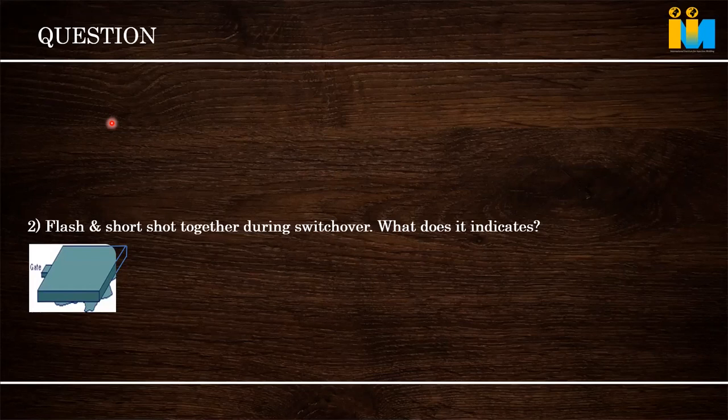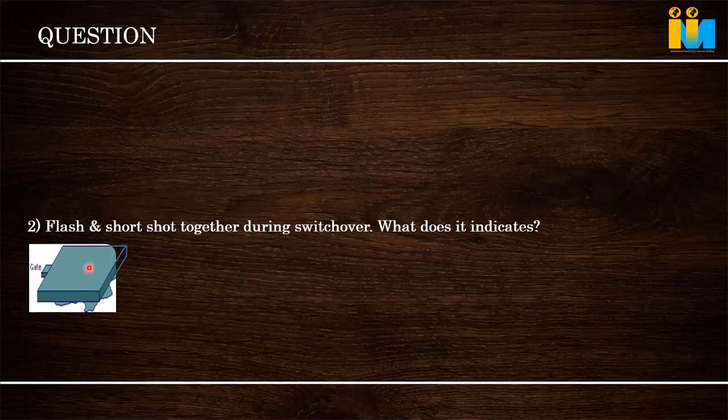How is that going to impact the short? I told you there is a short because the part is not filling, whatever the reason. At the switchover time, mold clamping happens. Suppose this is a switchover position, 90% filled.